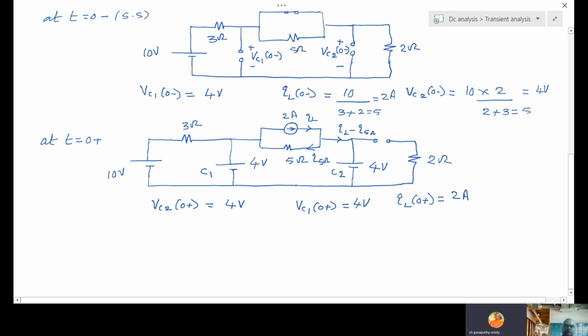This current is I3. So what is this current? What is entering? This is entering, this is entering, but this is leaving. So I3 plus I5 entering, minus IL leaving.